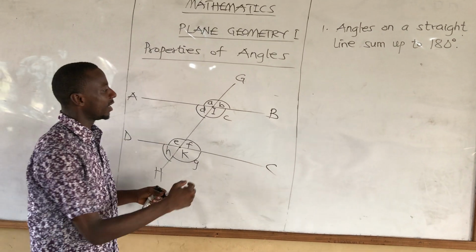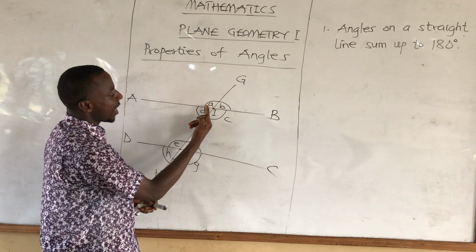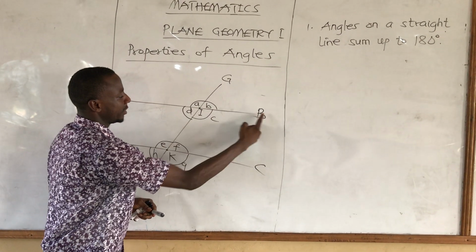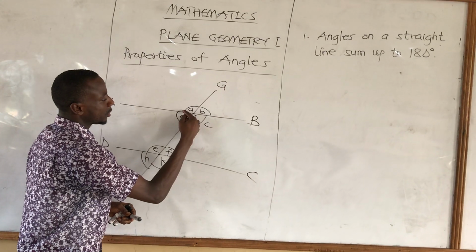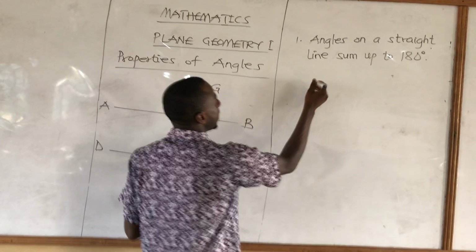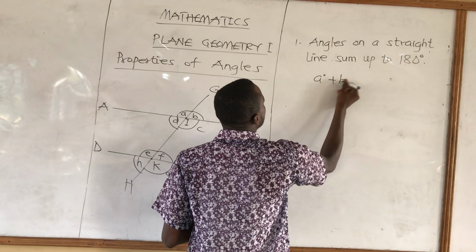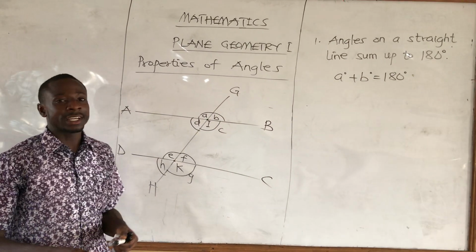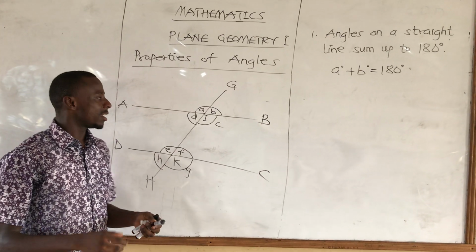So from here, we can see that angle A and angle B lie on the line AB. These two angles are all lying on the line AB. In that case, angle A plus angle B, when we put them together, we are going to get 180 degrees.